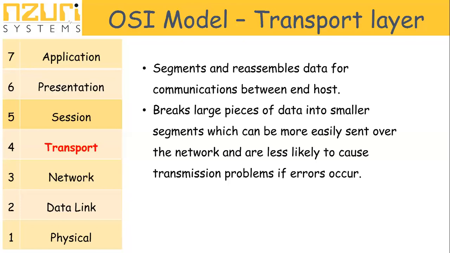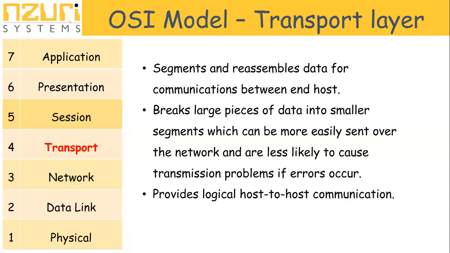That's similar to what your transport layer is doing for you. It breaks up data into smaller segments to make sure it can send it properly, and if there's a problem, it doesn't create too much of an impact. For instance, if I'm watching a video on YouTube and I lose one of the segments, it will just pause for a while, but afterwards it's going to resume play.